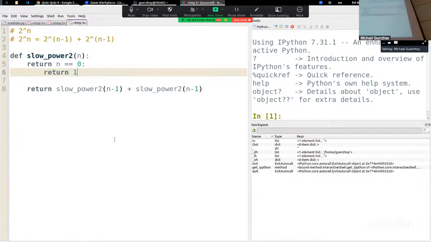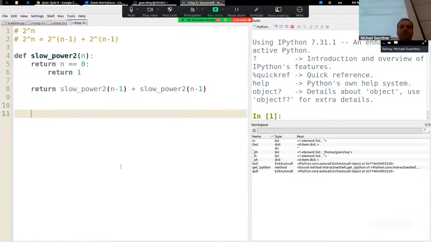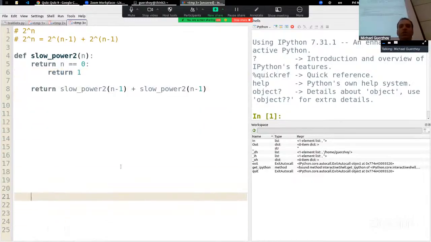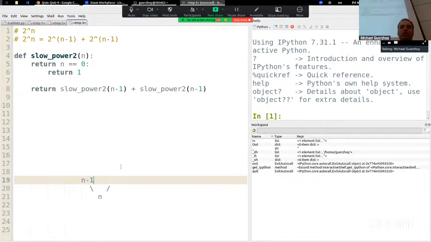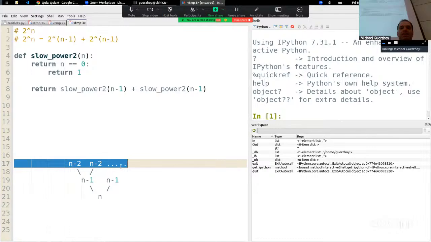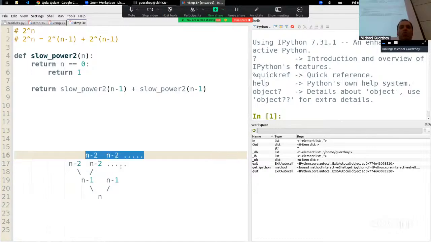Right? All right. Let's see what the tree looks like. So we start with n, and then that branches out, and there is a call to n minus 1, and then there is another call to n minus 1. And then there is a call to n minus 2, and another call to n minus 2. And so on. And then there is a bunch more until you get to zeros.